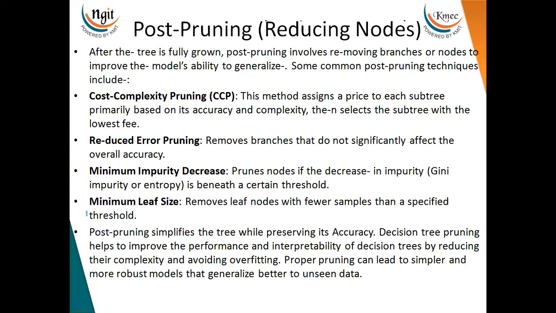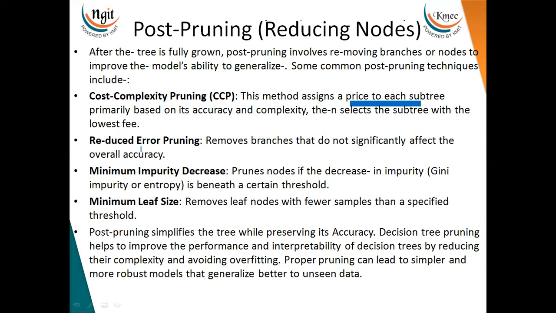So these are the criteria used for pruning at an early stage, when you are developing your decision tree. The next pruning comes when you have developed your tree completely. You have kept your tree for the testing phase, and it is not working well in the testing phase. It is causing overfitting. The tree is not generalized. In such a case, I will apply the post-pruning technique. Here, based on the cost of each subtree, I will remove the subtree.